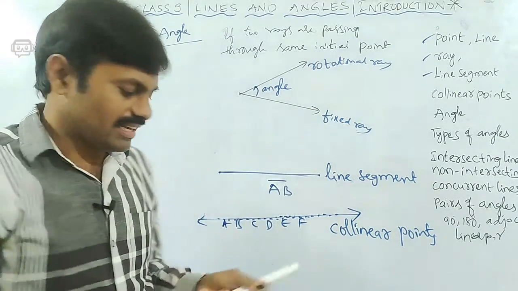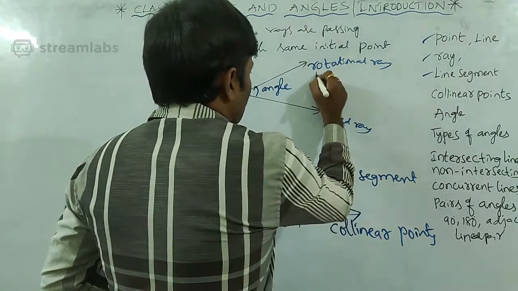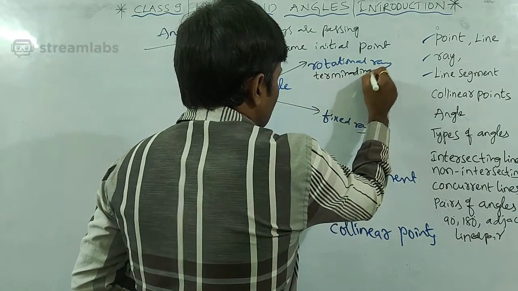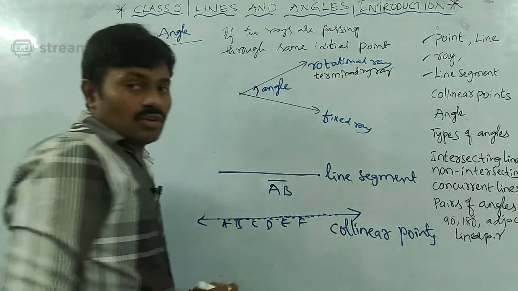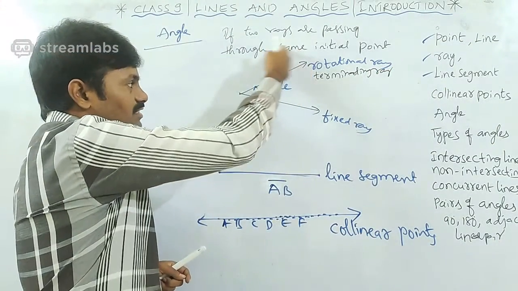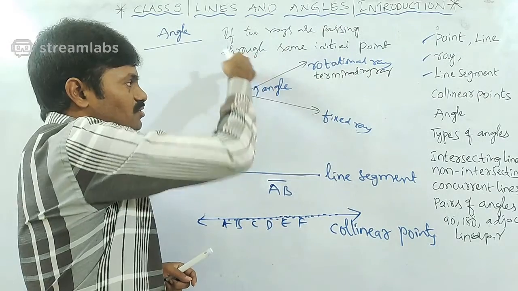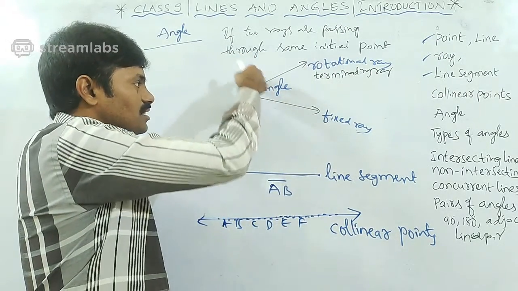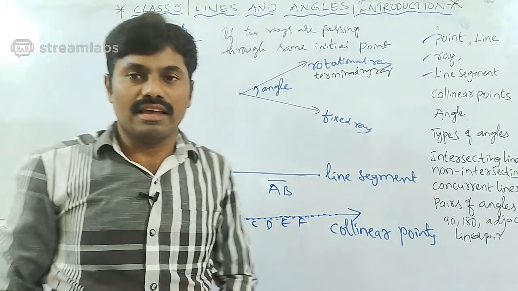Rotational ray or terminating ray. So it terminates. If you move it like this, it occupies some space. So between these two rays, some portion is there, that is called an angle.